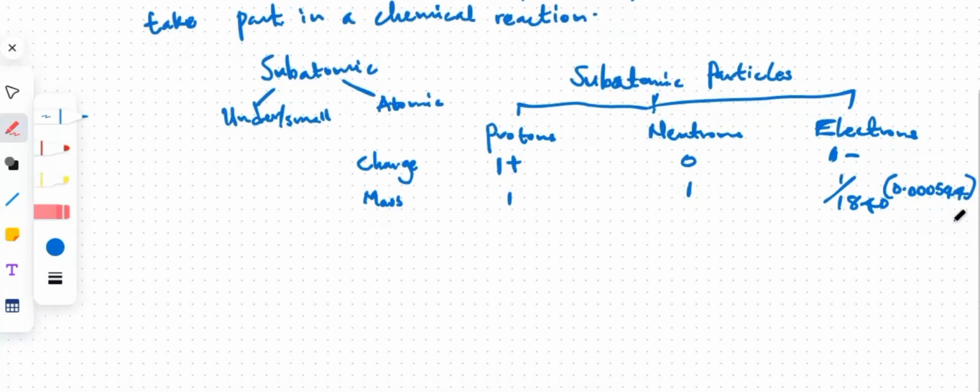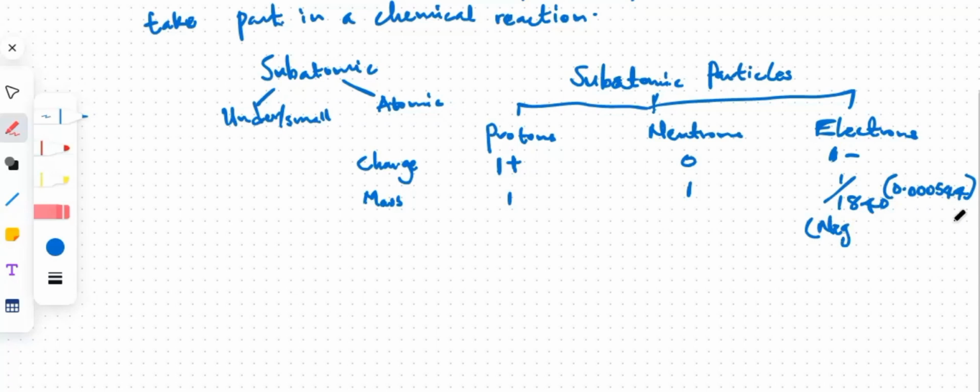As we move on, what contributes to the mass of an atom, the mass number, is just the number of protons and the number of neutrons. The number of electrons does not add because it is negligible.